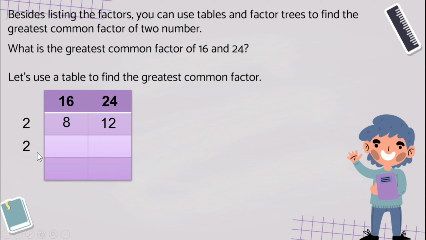8 divided by 2 is 4, and then 12 divided by 2 is 6. And then 4 and 6: 4 divided by 2 is 2, and 6 divided by 2 is 3.